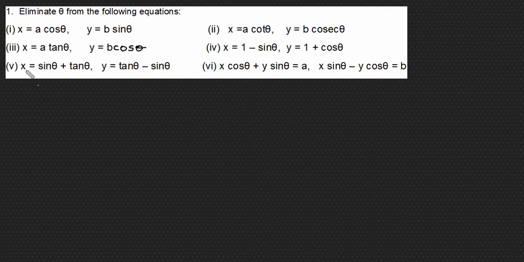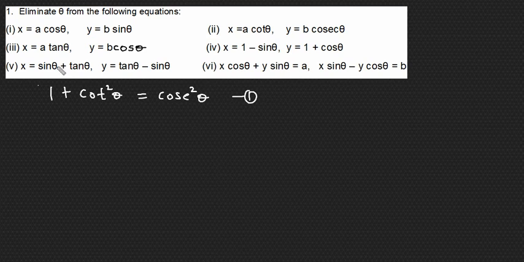Roman numeral 5. Now here we have a sine and a tan. So whenever you have a sine and a tan and you can make them the subject, the identity to use is 1 plus cot squared theta equal to cosec squared theta.